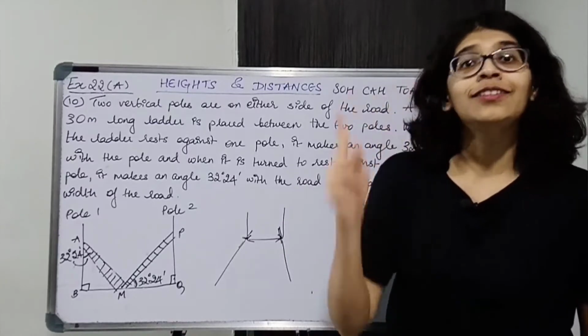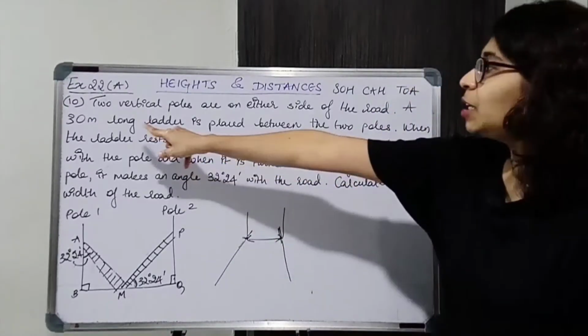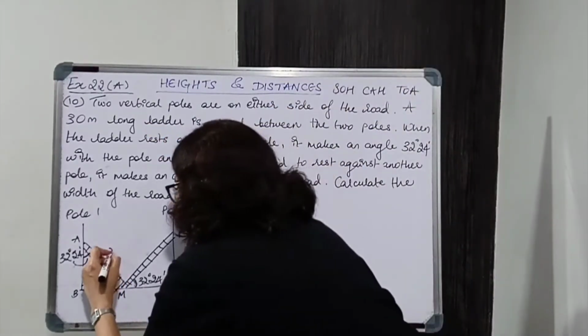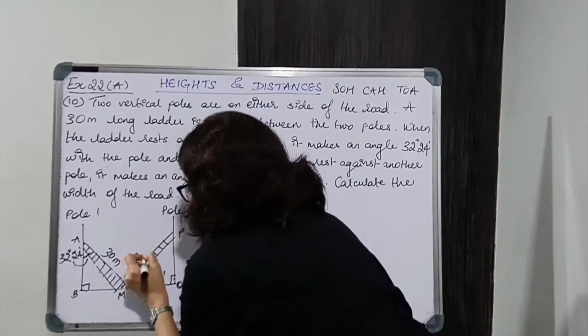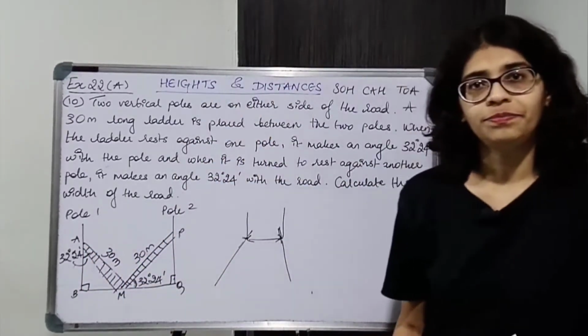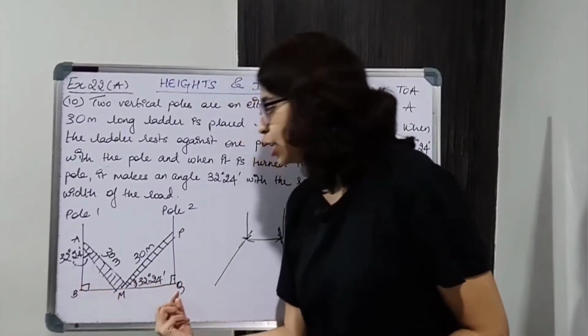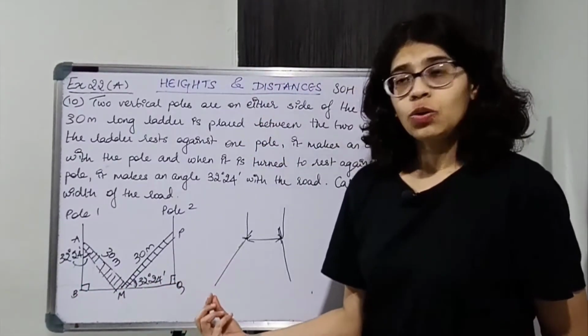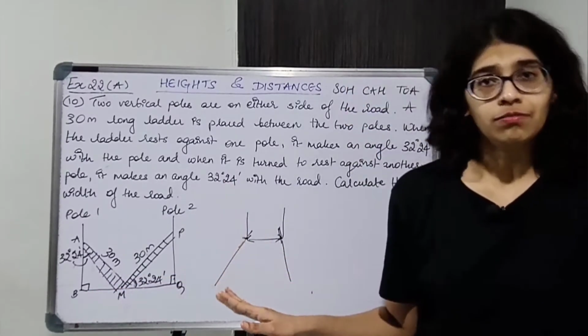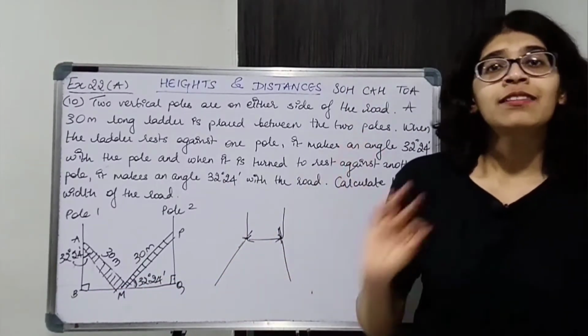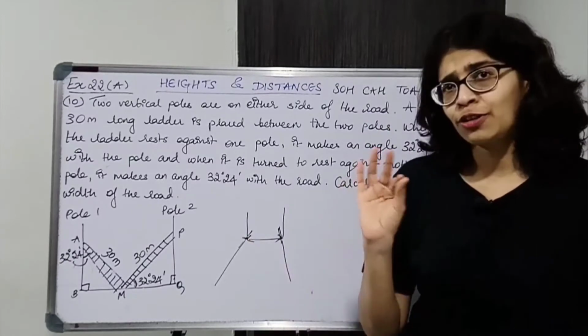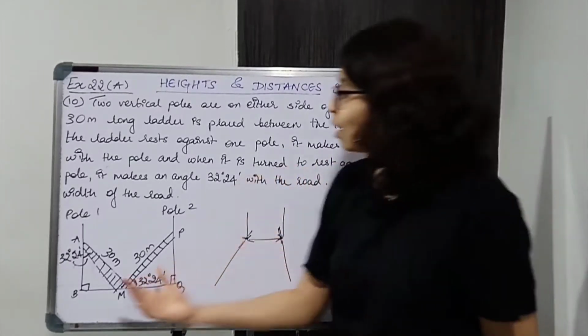Now the length of the ladder is given over here: a 30-meter long ladder, so the ladder's length is 30 meters. We need to find the width of the road, that is BQ. Can we find BQ directly? No. We'll consider right angle triangles, trigonometric ratios basically.